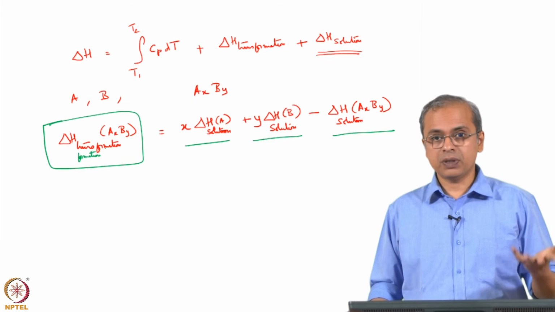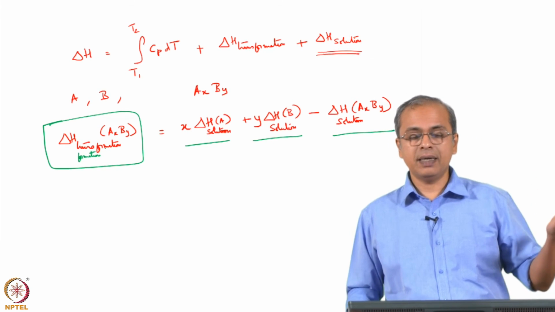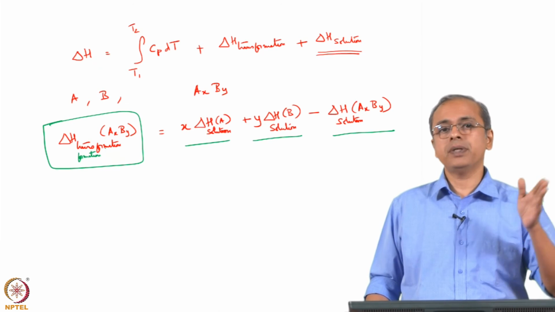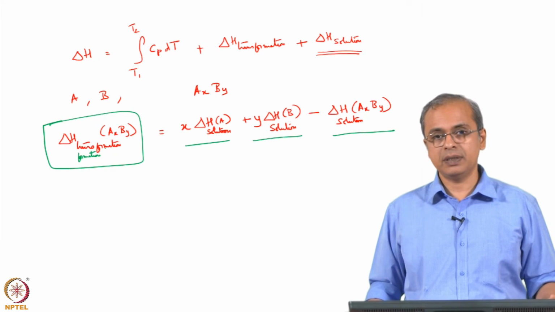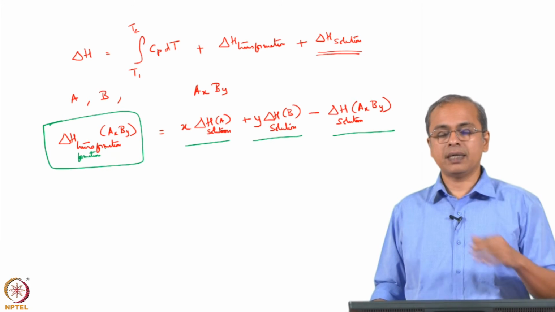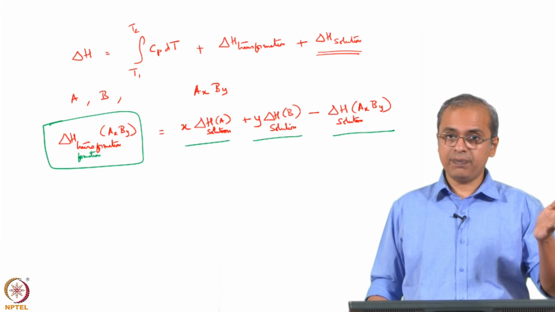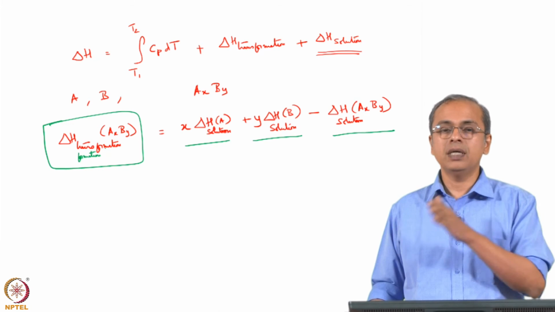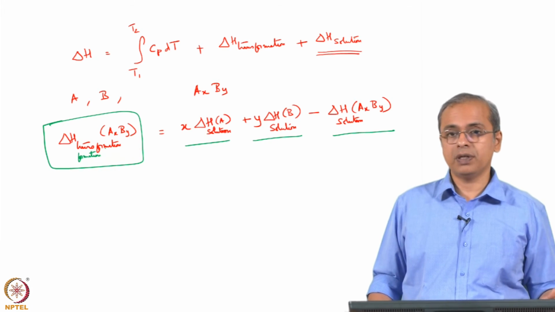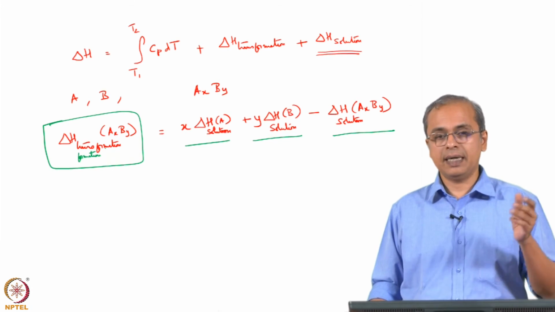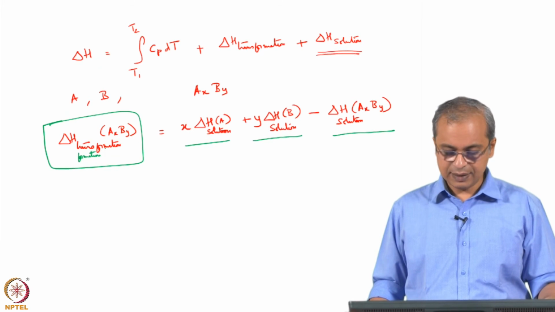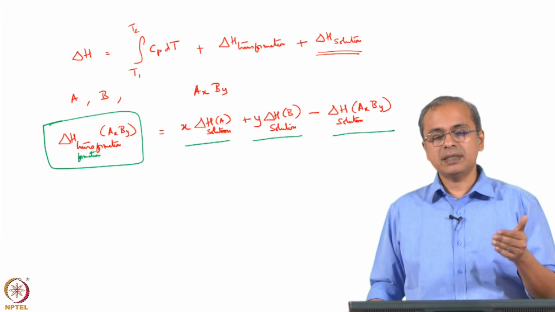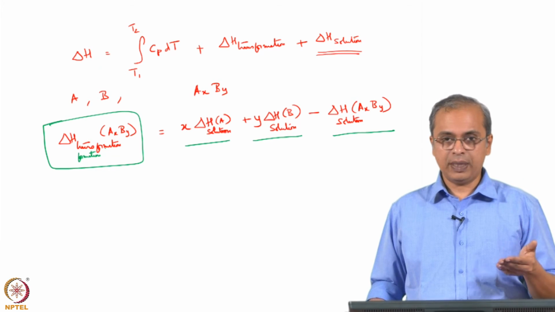You have to account for the water also, because when you go from temperature T0 to T1, you are not just heating the sample, you are also heating the water associated with it. So, when you write this equation, you cannot simply write only for A and B. You also have to remember how many moles of water were present and account for it. Those are the finer details you need to look at when you do calorimetry, so that your equation gives you the value that you are looking for.